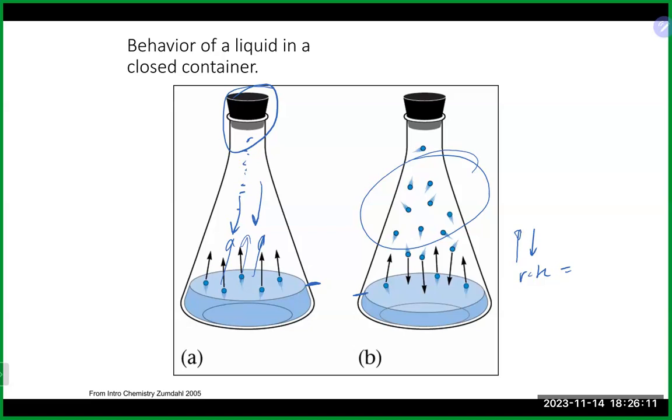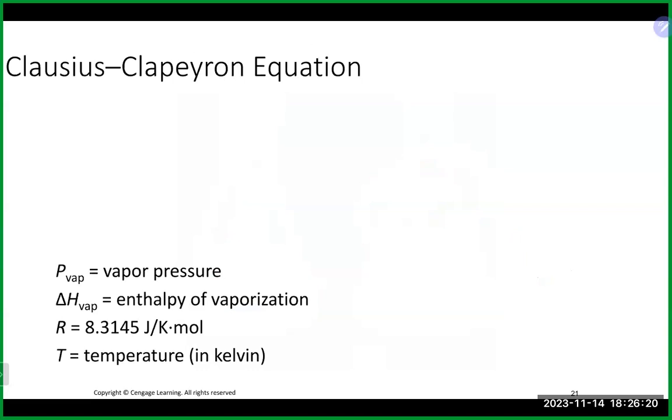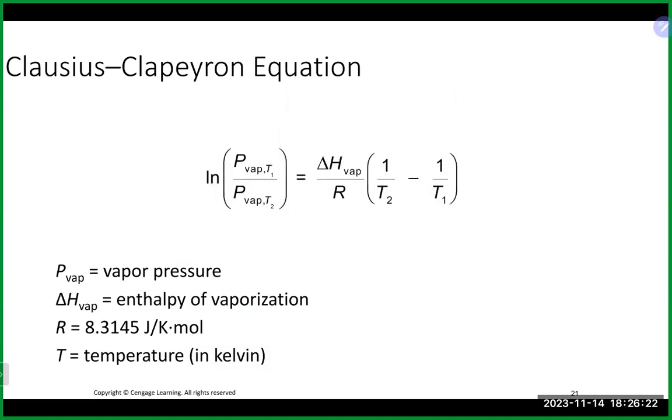Obviously at the beginning here, the rate of evaporation would be much greater than the rate of condensation, which is the dropping back in, but eventually it will reach equilibrium like it does there in B. We could actually calculate some of this using this equation here, and that is the natural log of the vapor pressure at the first temperature divided by the vapor pressure at the second temperature equals the delta H of vaporization.